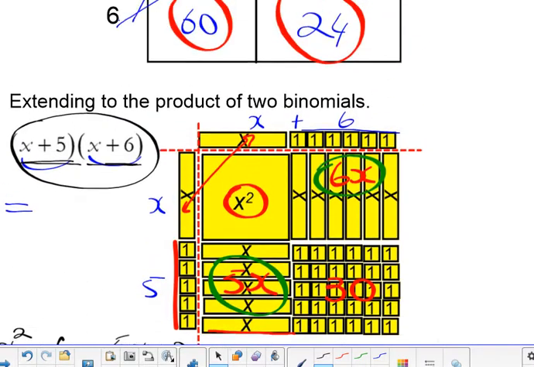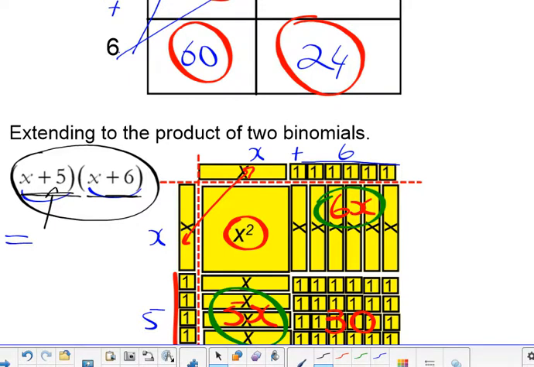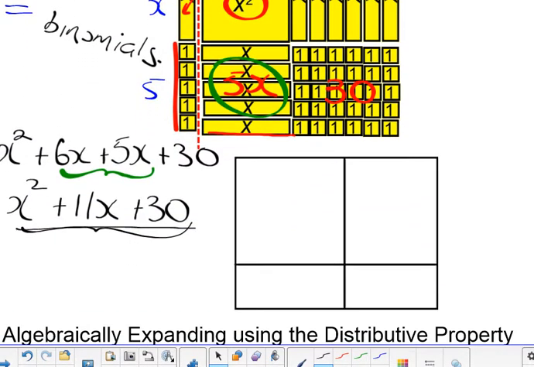Another thing to note is that what we have here is the product of two binomials, because it's multiplication. And the product of the two binomials gave us, what did we call this type of polynomial the other day? Because it's got 3 terms, we called it a trinomial, didn't we?